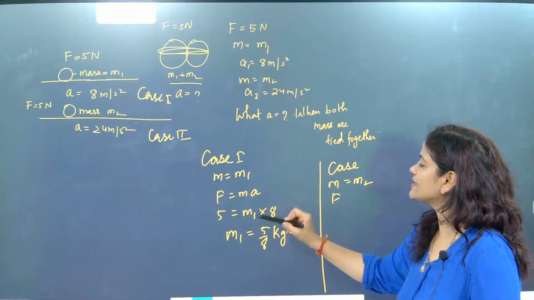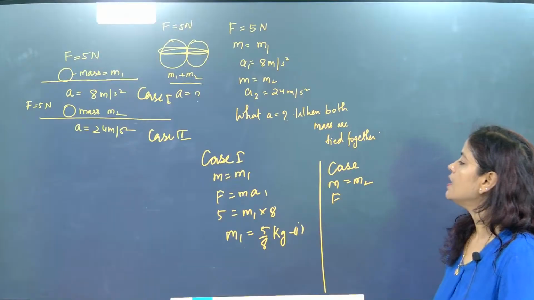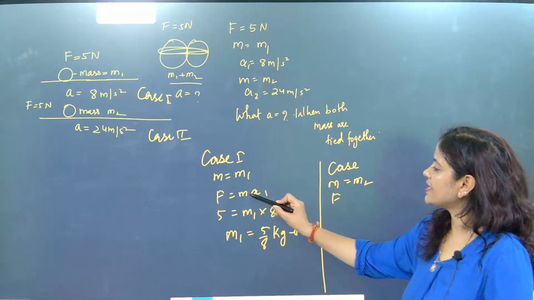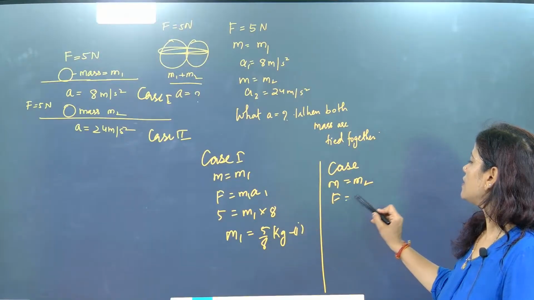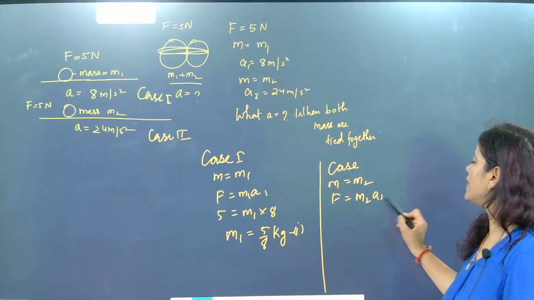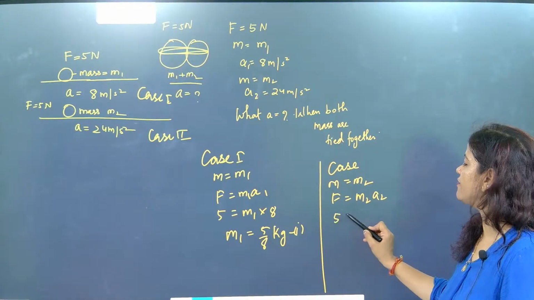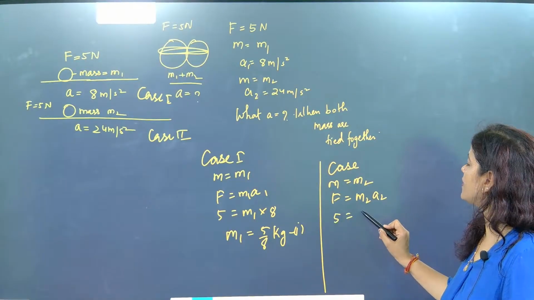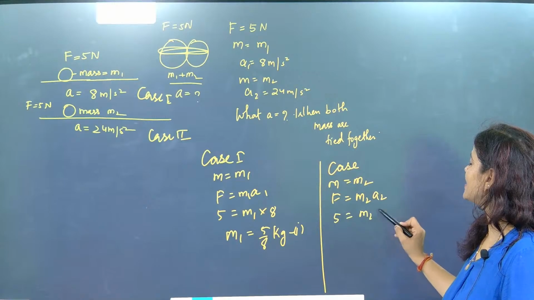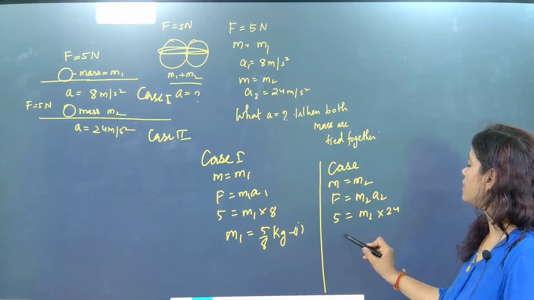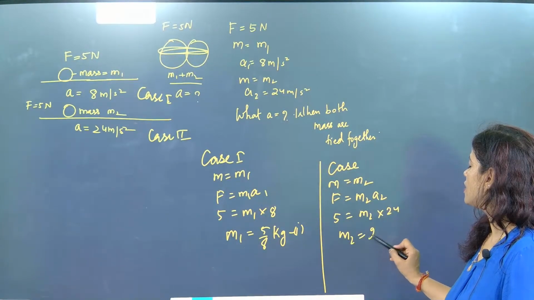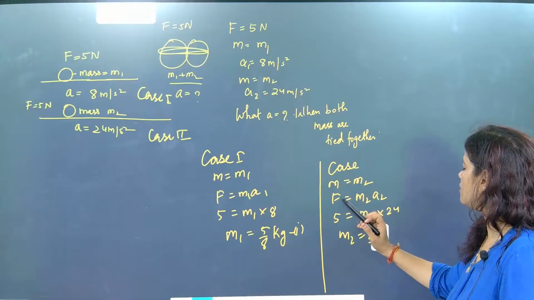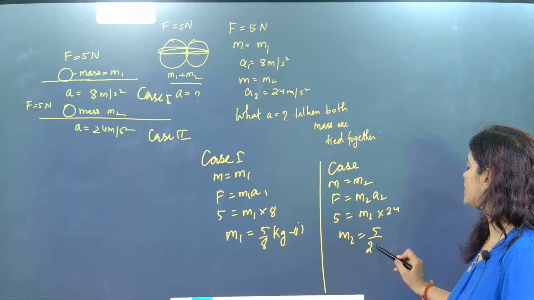Force is again 5. Mass is m2. Acceleration is 24. So m2 is equal to 5 by 24 kg.